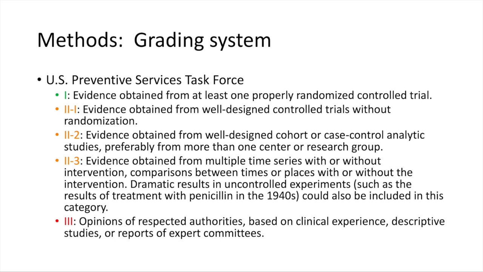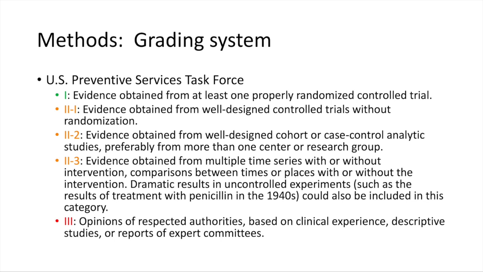Evidence was classified according to the hierarchy of clinical research design and the grading system used by the U.S. Preventative Services Task Force as follows. Grade 1, evidence obtained from at least one properly randomized control trial. Grade 2-1, evidence obtained from well-designed control trials without randomization.